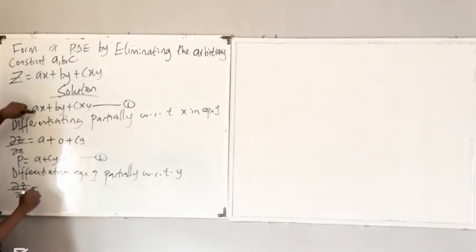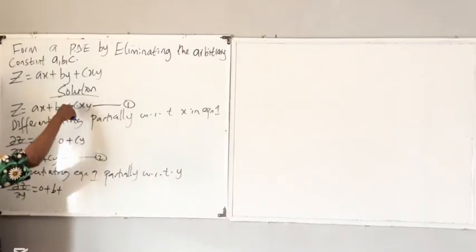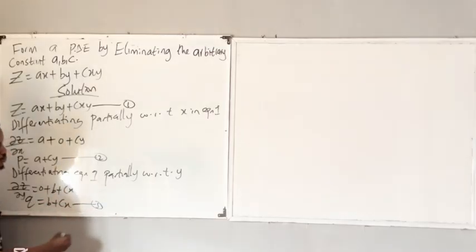If I differentiate ax here, we cannot see y, so it will be 0 because ax is not a function of y. Plus, if I differentiate y in by, I'm going to have 1, and 1 times b gives b. Plus, if I differentiate y in cxy, I'm going to have 1, and 1 times cx gives cx. Remember, whenever we see the partial z over the partial y, our notation is always q. So q is equal to 0 plus b plus cx. I can call this equation 3.